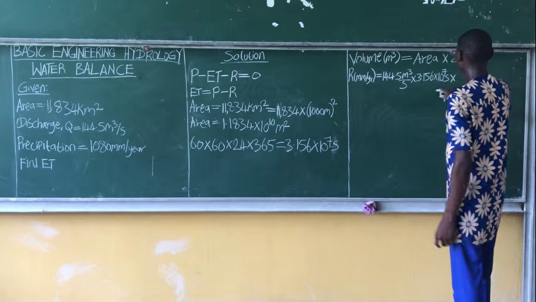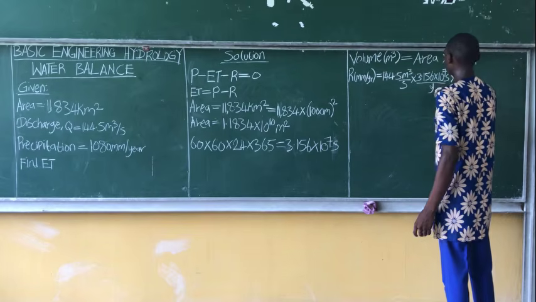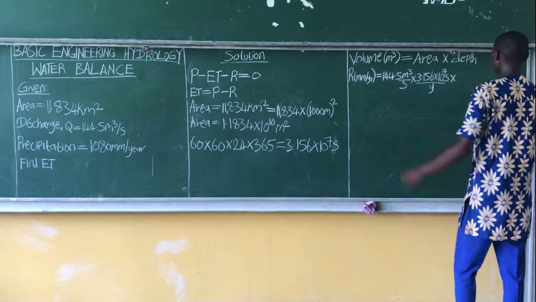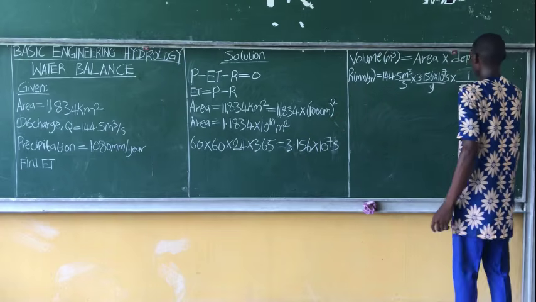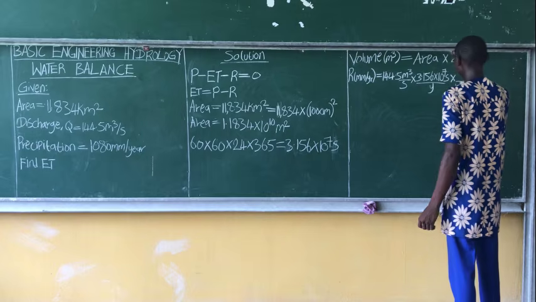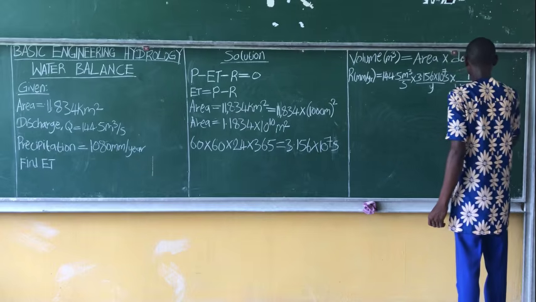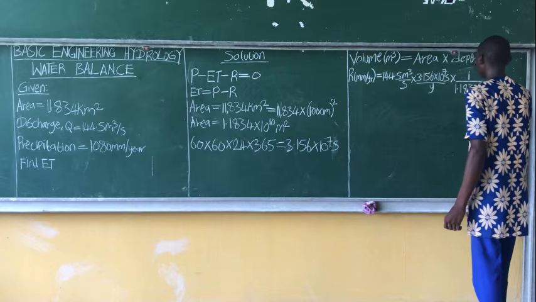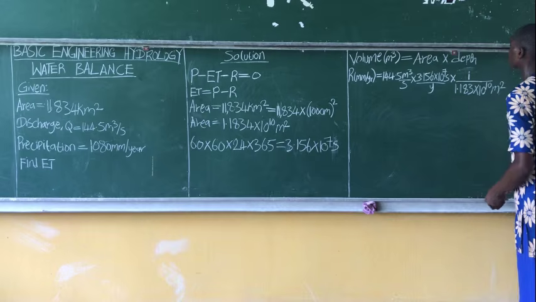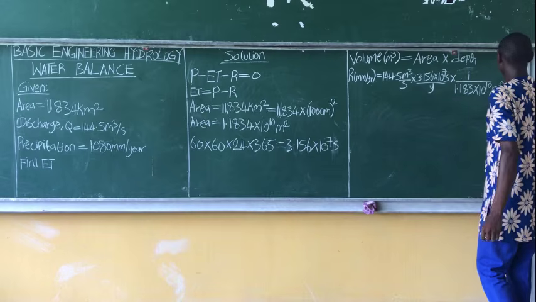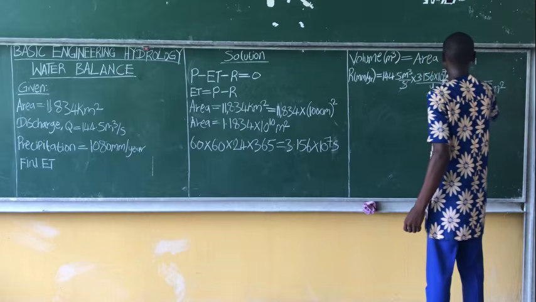Okay, we have our area. This is per year, and then we have our area to be 1 over 1.183 times 10 raised to power 10 meter square. Okay, so this takes away this.